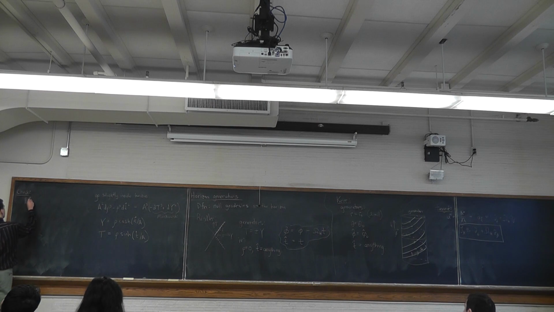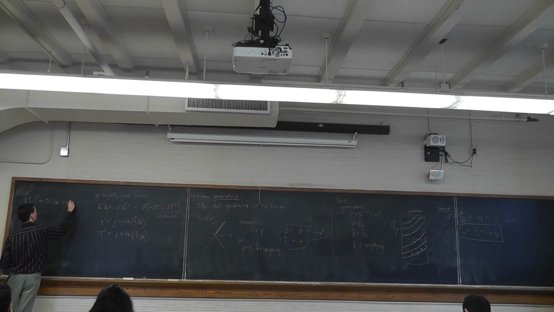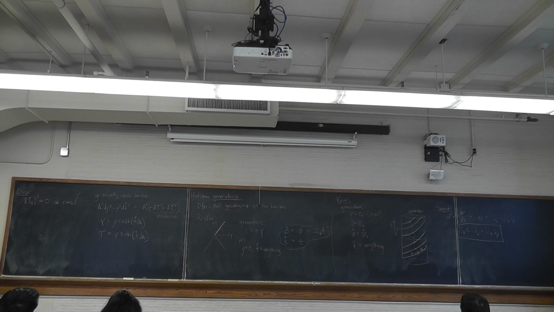So first of all, you should check that it's null on the horizon, so that the norm of zeta h goes to 0 as r goes to r plus. That's easy enough to check. You just literally calculate the norm in the original Boyer-Lindquist coordinates, and then you just take r to r plus. That's the first check. It works.